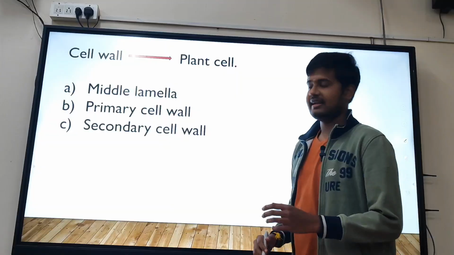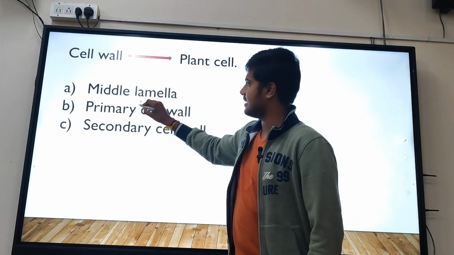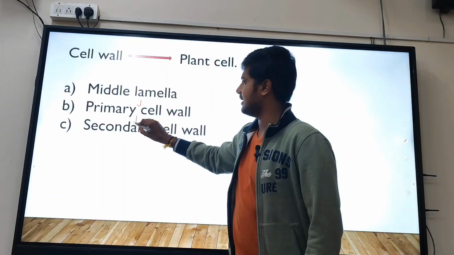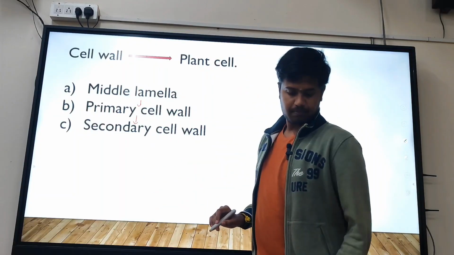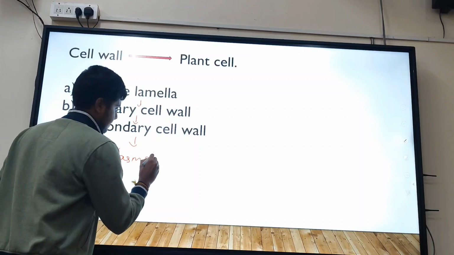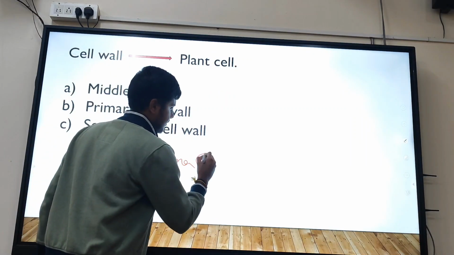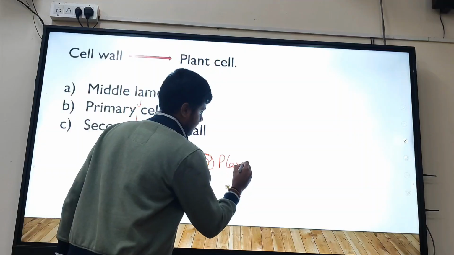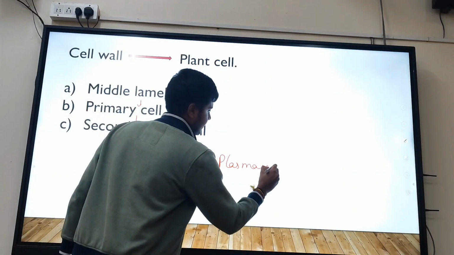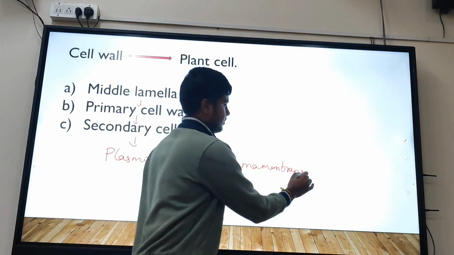In cell wall, three layers are there. First one is middle lamella, next primary cell wall, next secondary cell wall, then plasmolemma or plasma membrane.